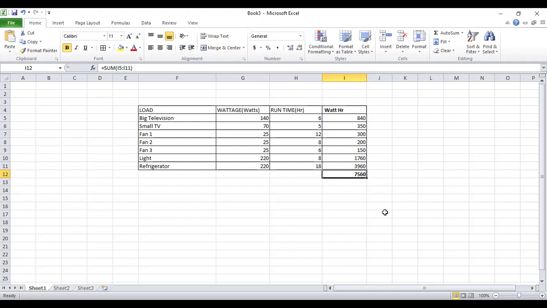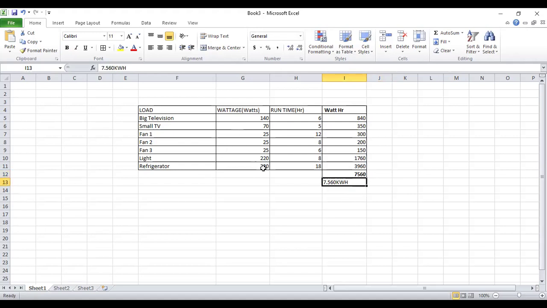Which is equivalent to 7.560 kilowatt hour by simply dividing this by 1,000. So first thing, we've gotten our load.